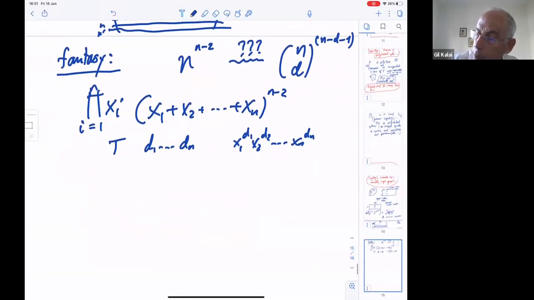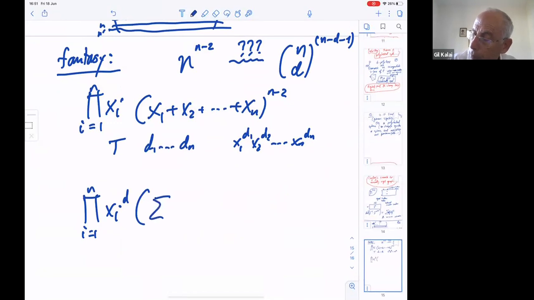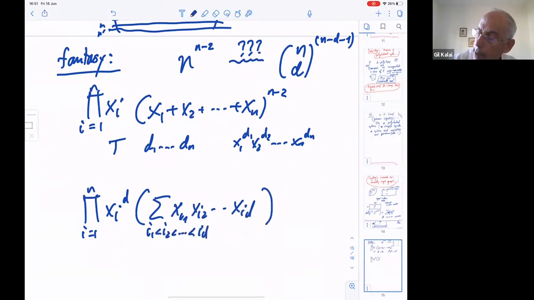And again, the fantasy would be to replace this expression by the product of the xi, i from 1 to n, times the sum of all the products x_{i1} x_{i2} up to x_{id}, where i1 is smaller than i2, smaller than id, that whole sum to the power n-d.